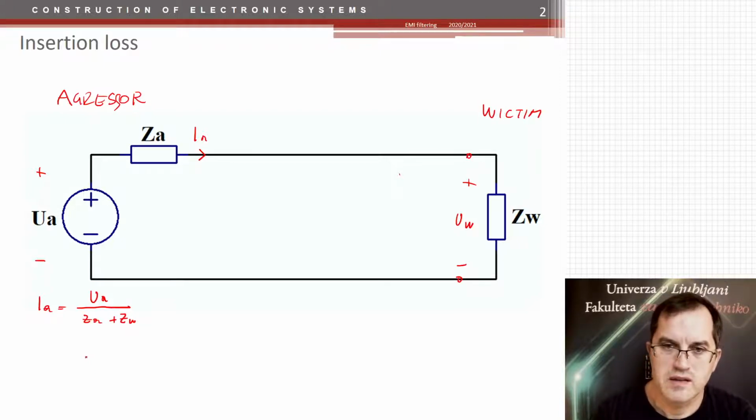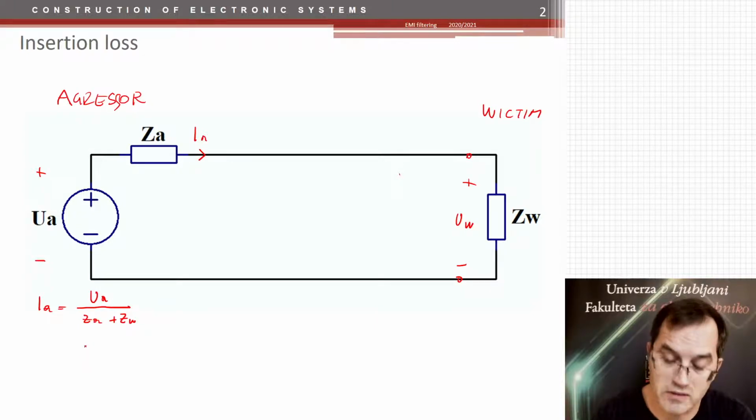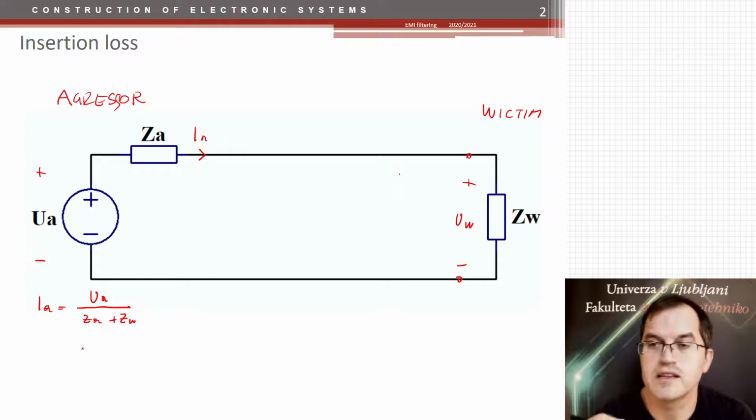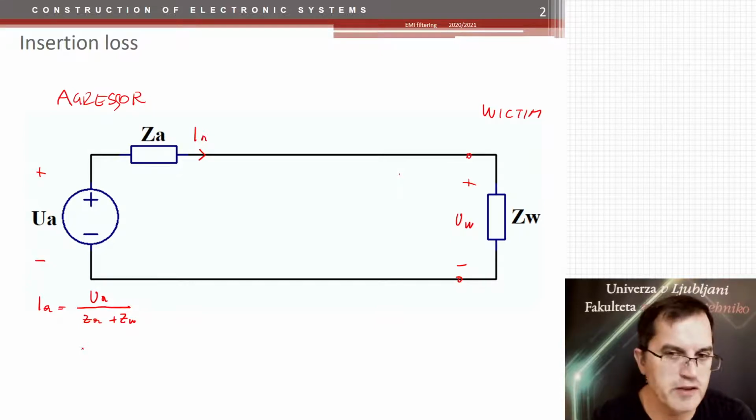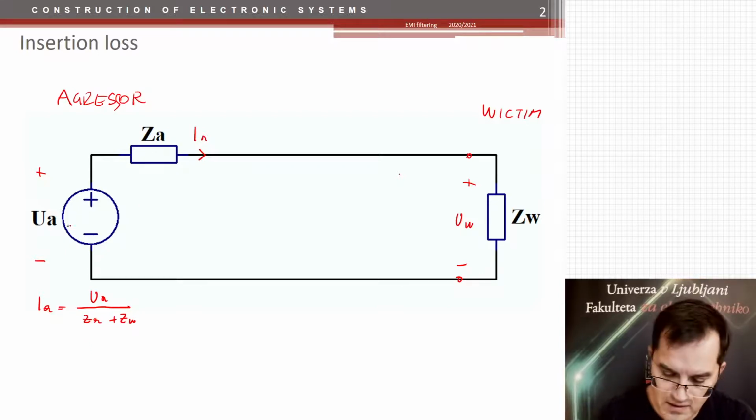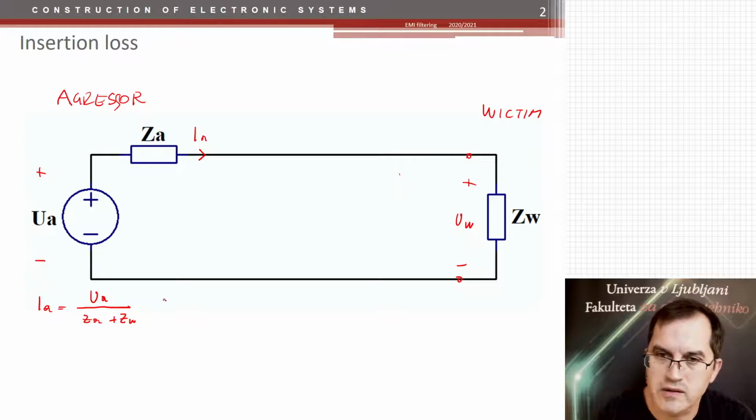All right, so now we can define the so-called suppression factor, which would also be called attenuation factor if you want. It's the ratio by how much the aggressor voltage is attenuated. So it's actually the opposite of amplification.